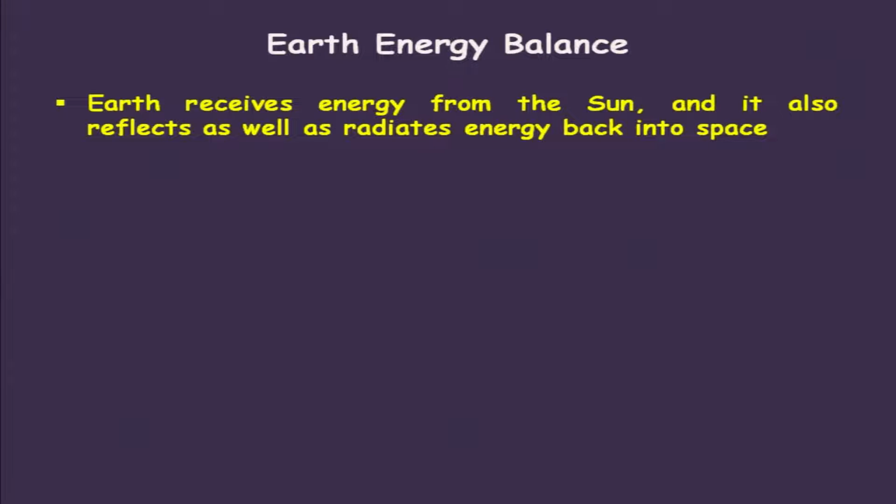Earth receives energy from the sun, and it also reflects as well as radiates energy back into the space. So, not all energy which comes from the sun is taken by the earth surface or the earth.